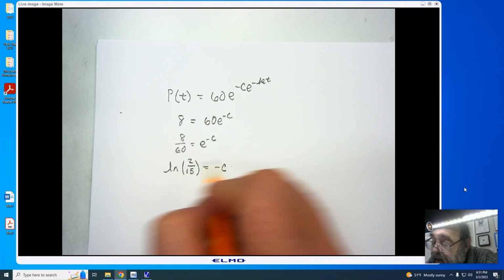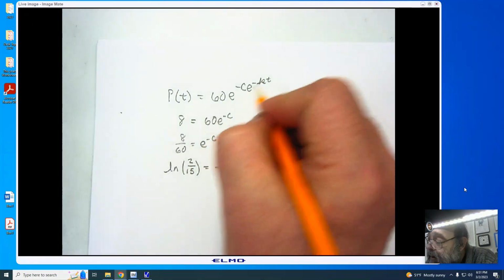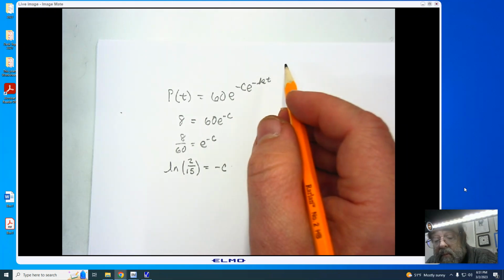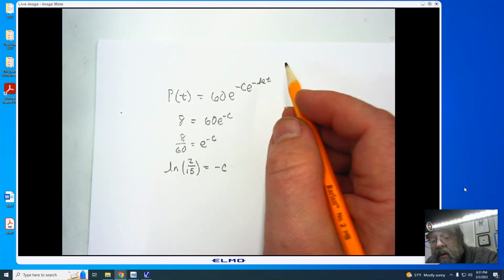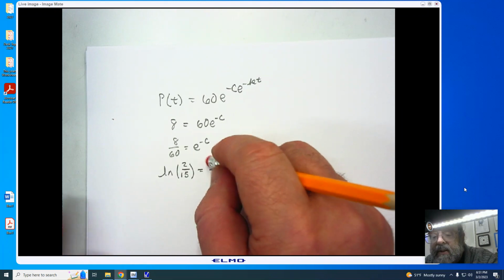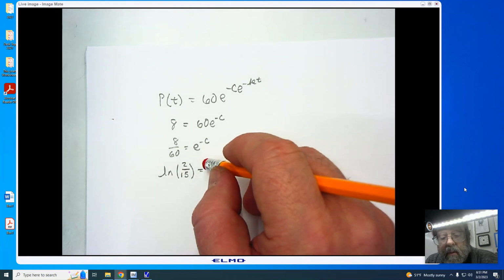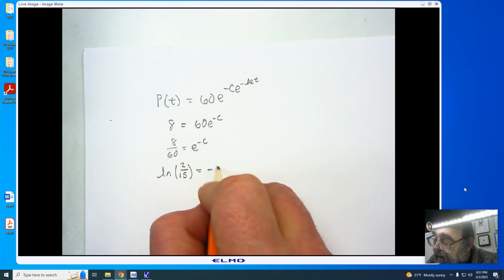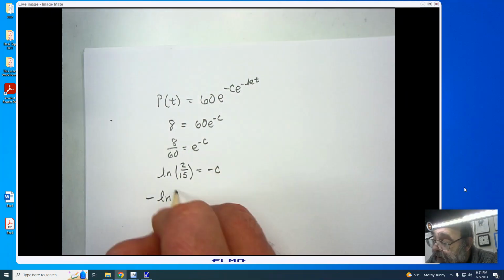I'm going to bring this, where did my 3 go? I had a time of 3, t equals, hang on. Oh, no, we're still good. This is my c, and it's going to become a negative. Notice you've got to be careful working with this.